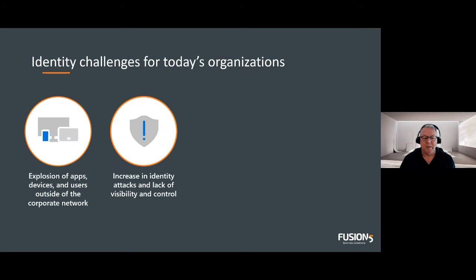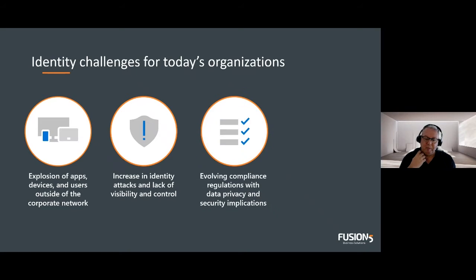One of the number one attack surfaces for bad actors to get into company data is by impersonating somebody else. And once you impersonate that role, you have a much better chance of actually getting into the organization and performing a more robust attack. There are evolving compliance regulations with data privacy. This is something we actually discussed in the previous session as well. And as I mentioned, a lot of these security stances tend to blend into each other.